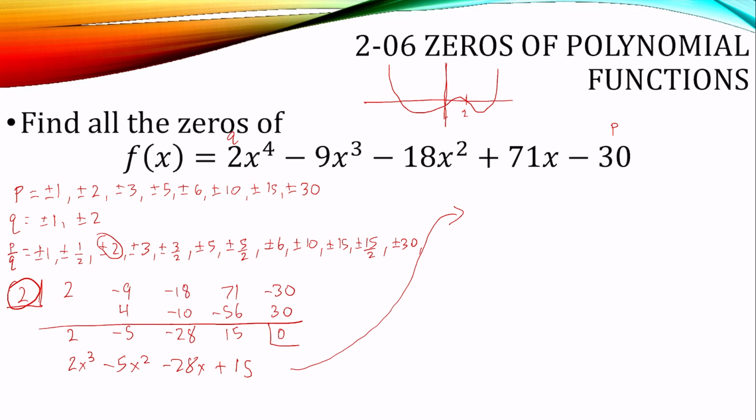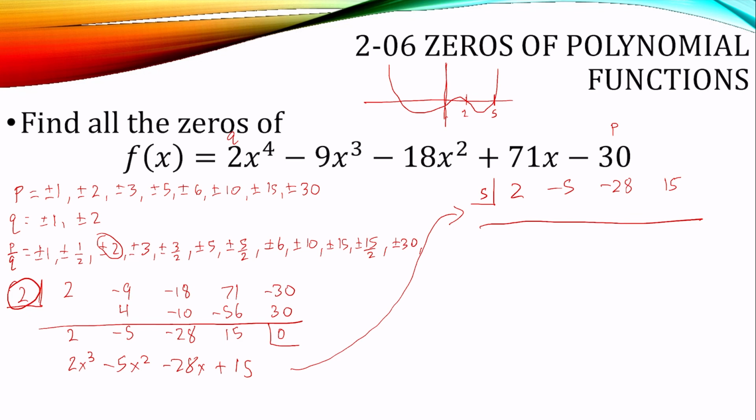So if I look at our graph again, here's another x-intercept at a 5. So let's try that one. Let's use the depressed polynomial though, not the original, because all the factors of the original are in the depressed except for the first one we divided out.